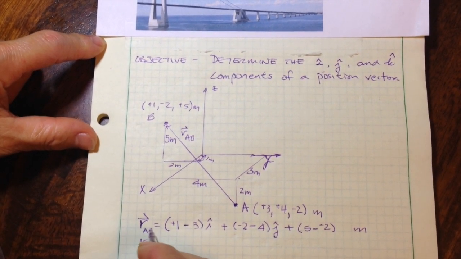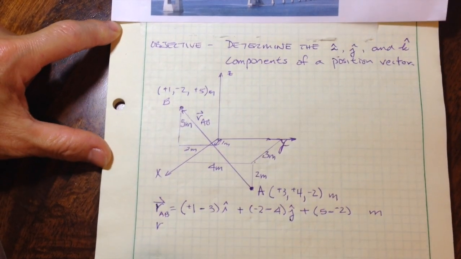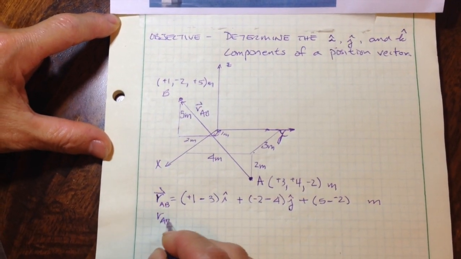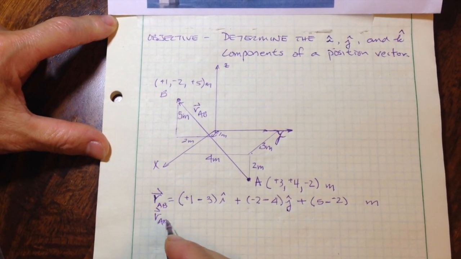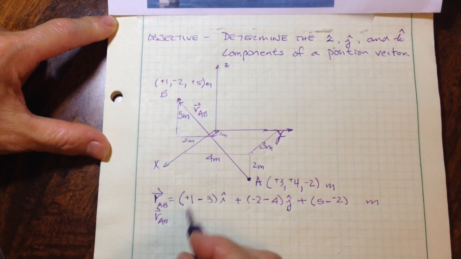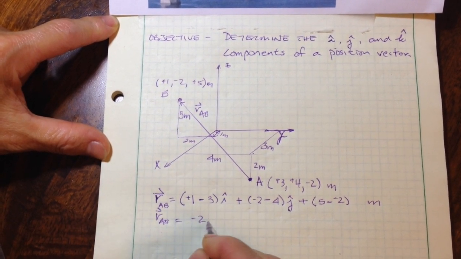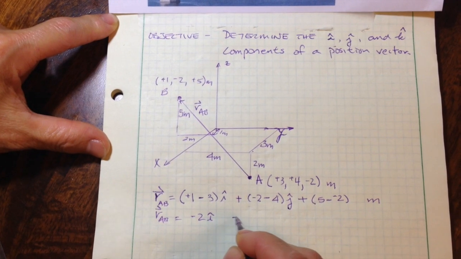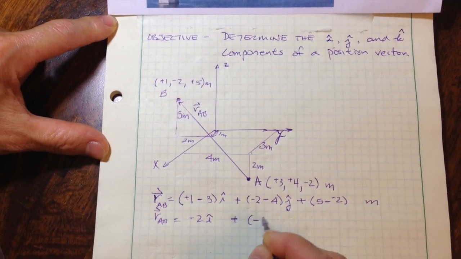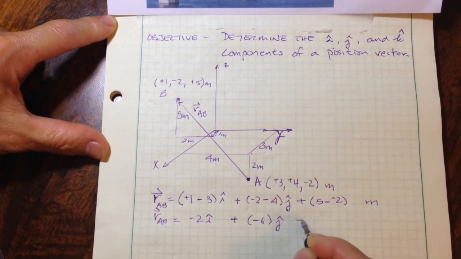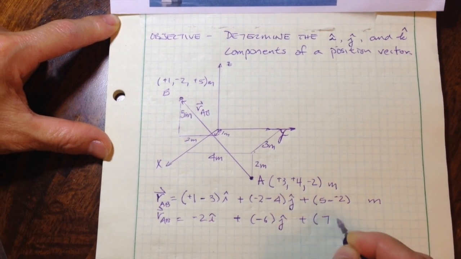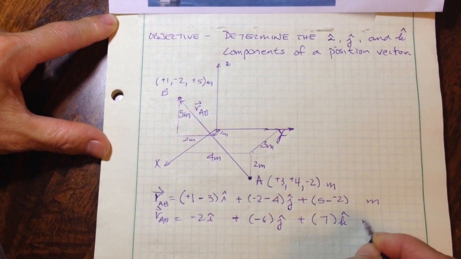Let me use a subscript A to B. So my position vector, R_AB, is given by negative 2I plus negative 6J plus 7K meters.